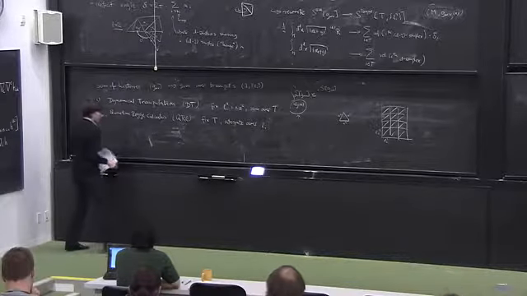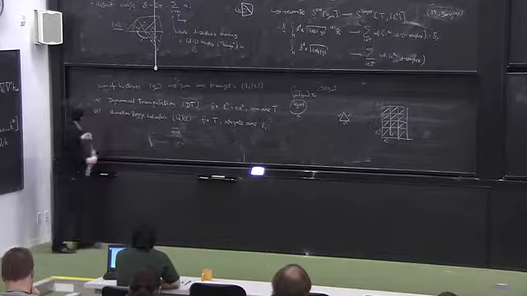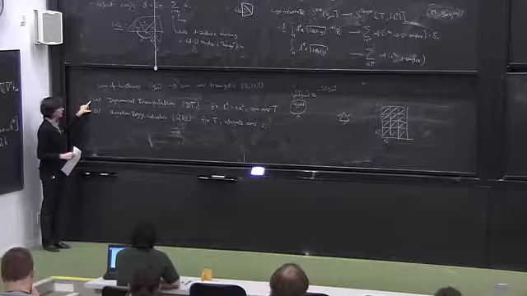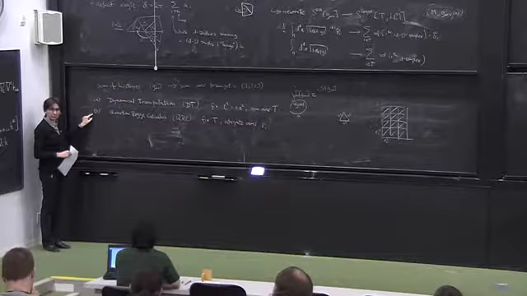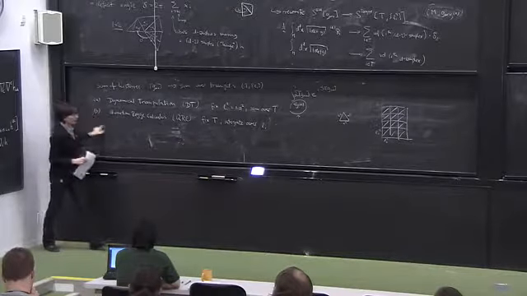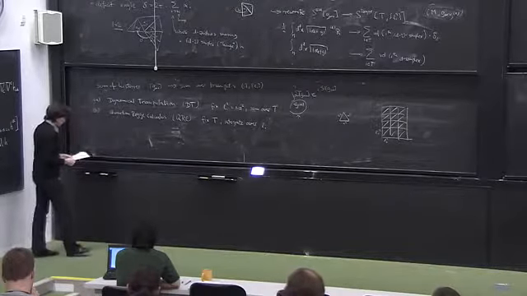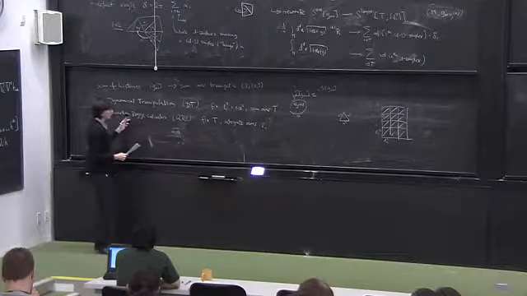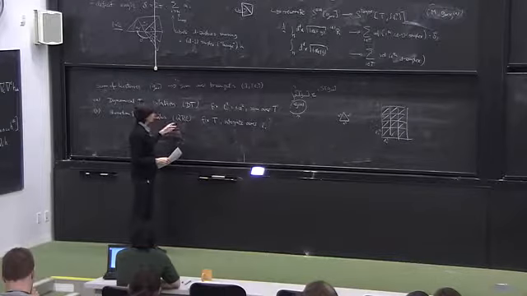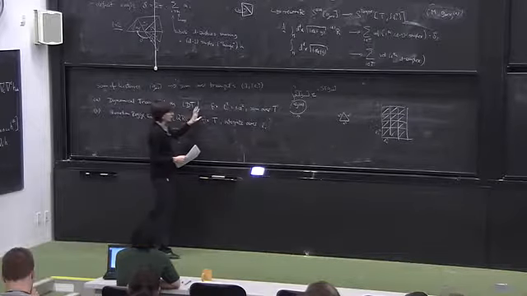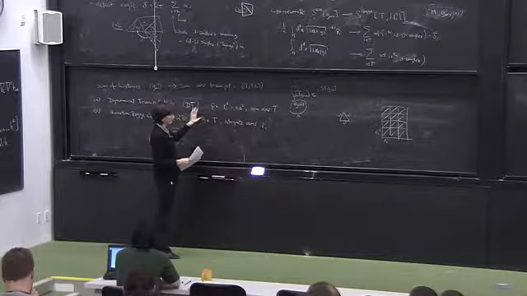OK, now, my next step will be to explain to you that A has a bunch of advantages over B. The first one, I'm not going to write them down, has nothing to do with advantage.